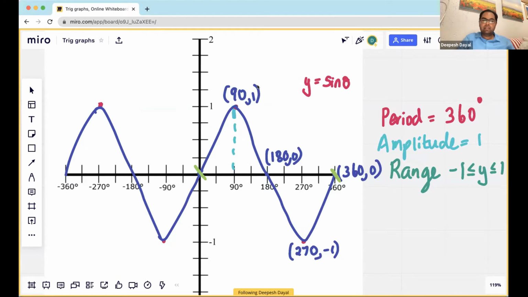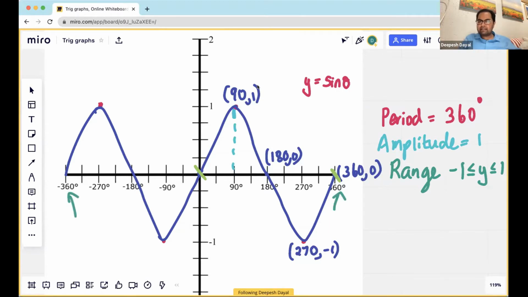Okay. And this particular sine graph that I've drawn here, what is the domain of this one that you see here? What is the domain here? This particular one, the domain is the x values, between -360 and 360.